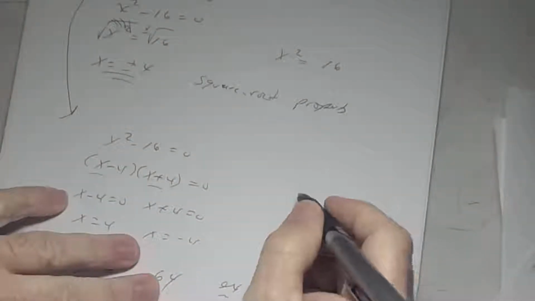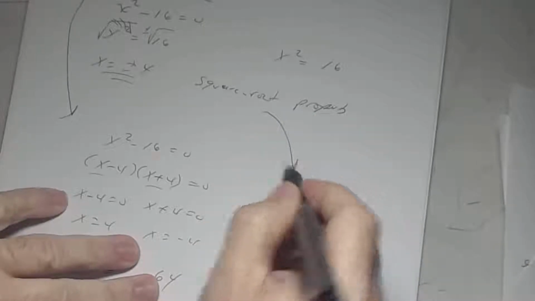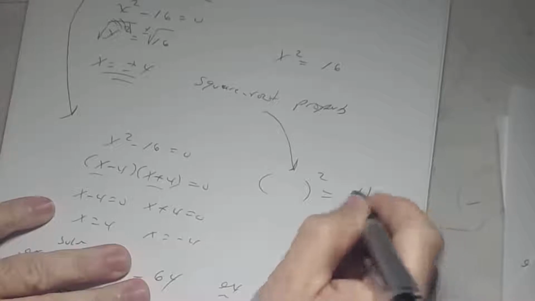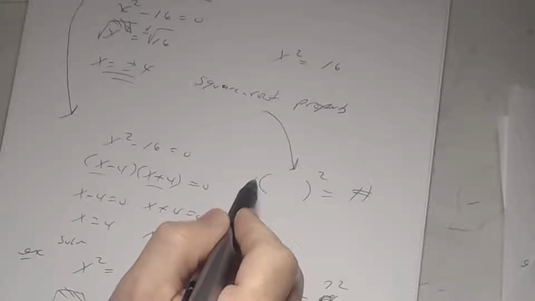Before you can use the square root property, it's got to look like this: some expression squared equal a number. And that coefficient must be a 1.